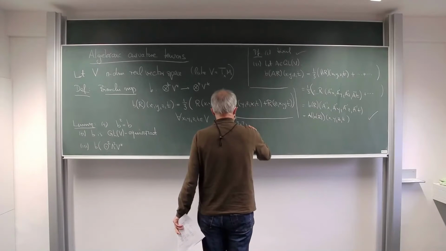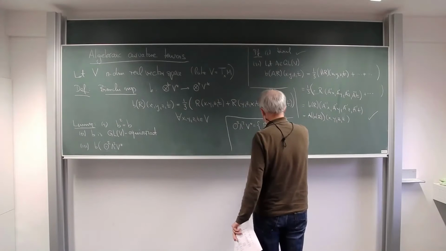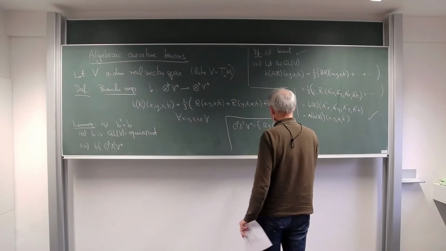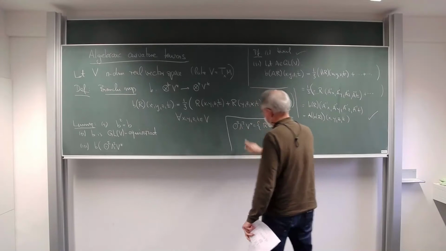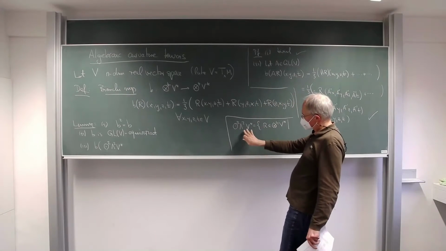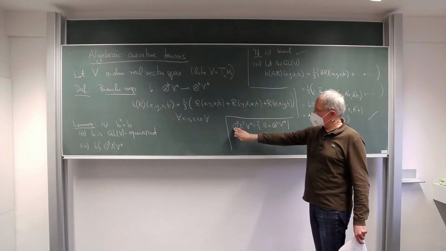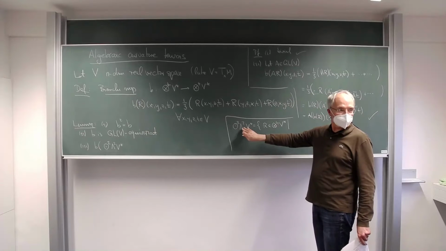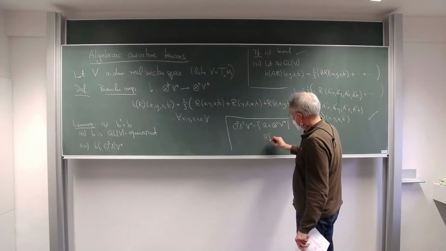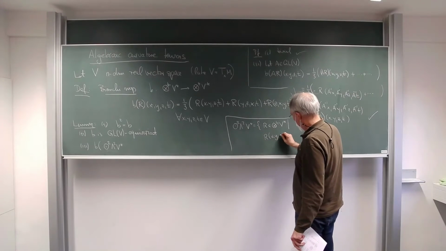So this is the space of all R's for which we have the following symmetries. So that refers to skew symmetry. So we consider this basically as a map from two vectors to two vectors, a symmetric map from anti-symmetric two vectors to anti-symmetric two vectors. So that means that the thing is anti-symmetric in the slots of the first pair.